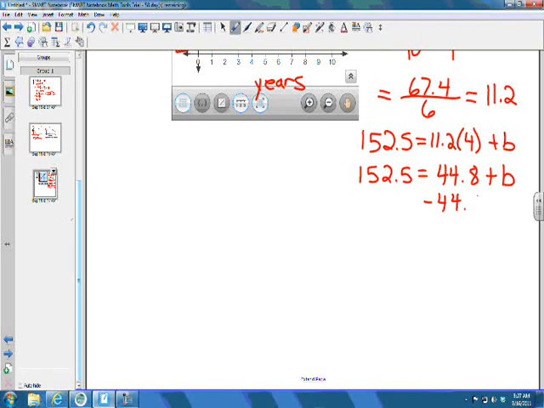And then we subtract that over. So what's our y-intercept? 107 point. That would be 3, wouldn't it?